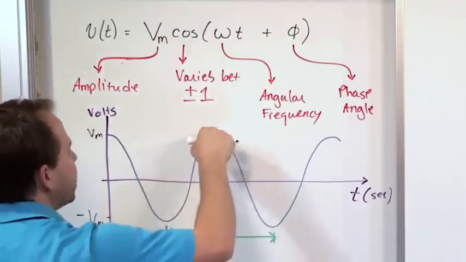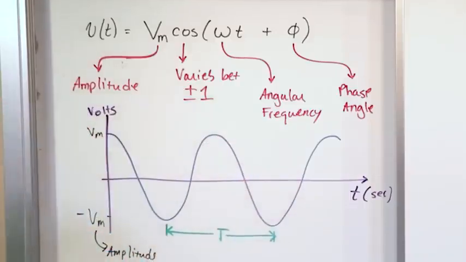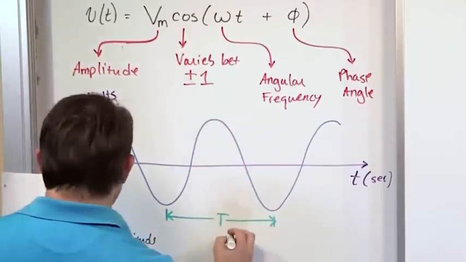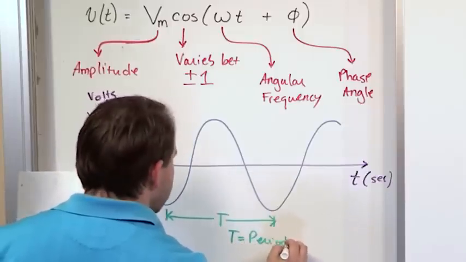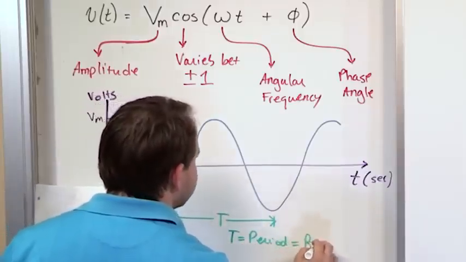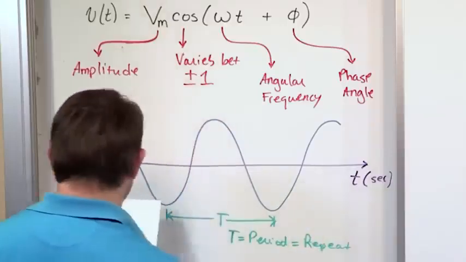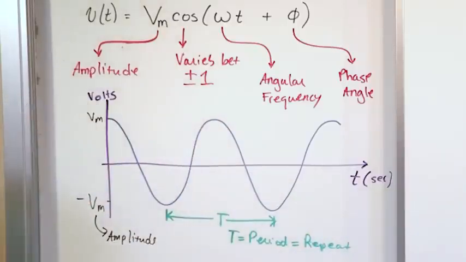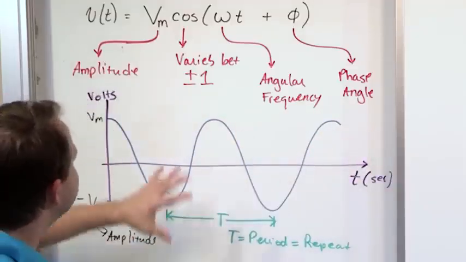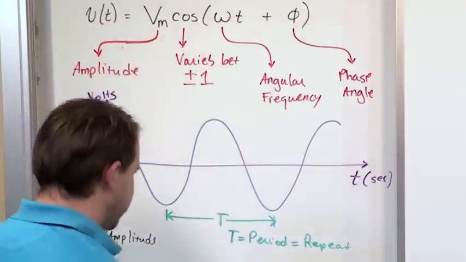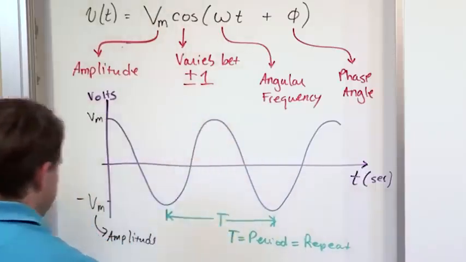So this is called one complete cycle or one complete period. So what we have is T is equal to the period, and that means you repeat. All right, so I want to write a few things down underneath here that we're going to be drawing upon as we learn about this stuff.